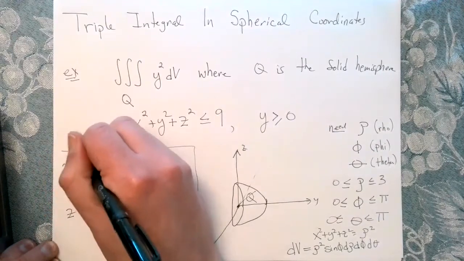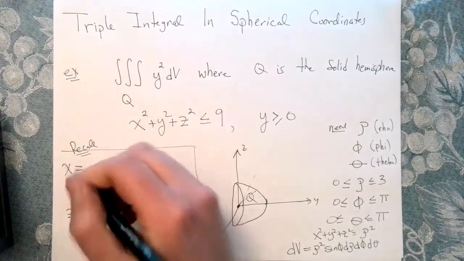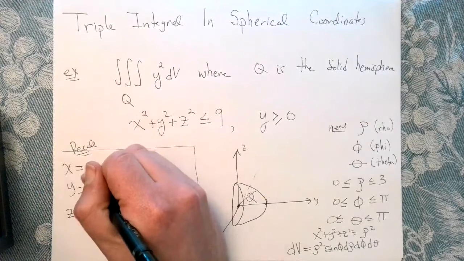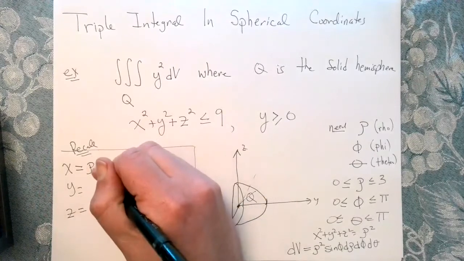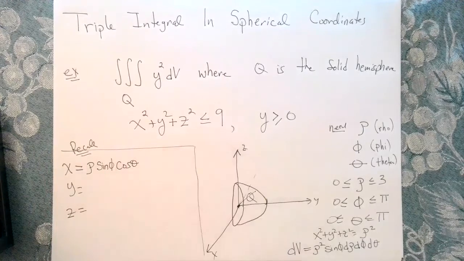So let's call this a recall. So remember in spherical coordinates that x is equal to rho sine of phi cosine of theta.